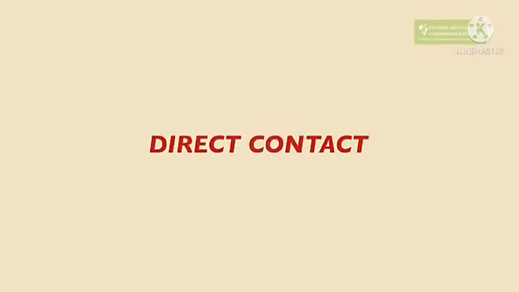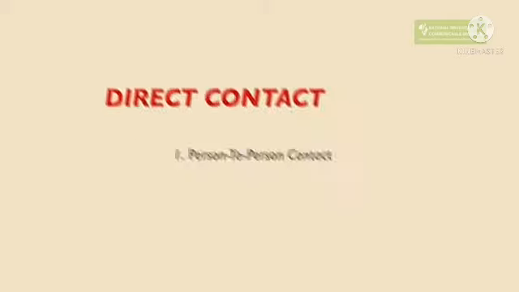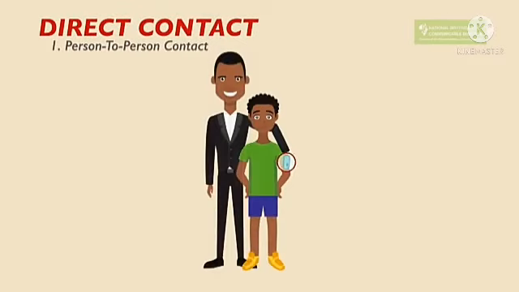So let's look at direct contact in detail. Direct contact involves spreading the disease when individuals come in contact from person to person, that is, from an infected person to an uninfected person, and these can spread.